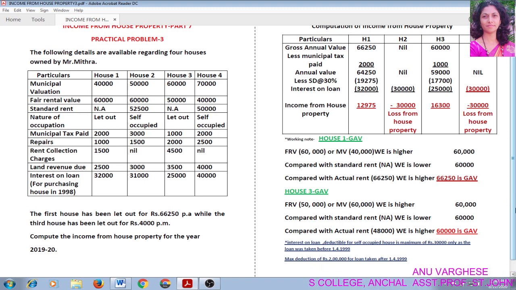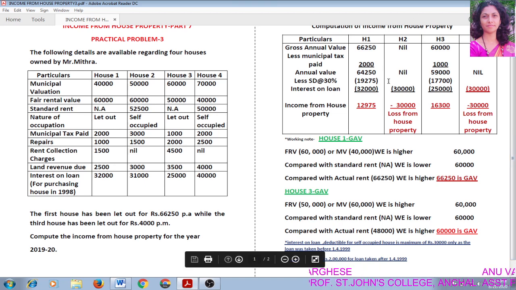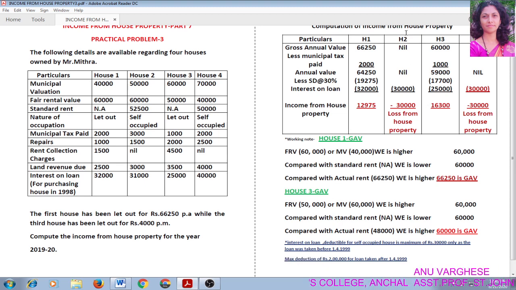The maximum limit of rupees 2 lakhs is available only if that house is acquired or constructed within 5 years of availing loan. If the loan is taken for repairing purpose, the maximum limit is 30,000 in all cases. Okay, so you can deduct only rupees 30,000. So for house number 2, here it is loss, that is 30,000.